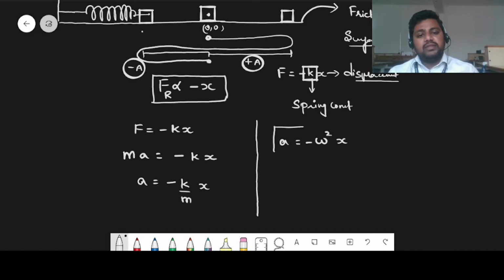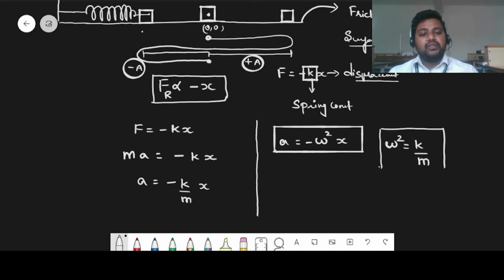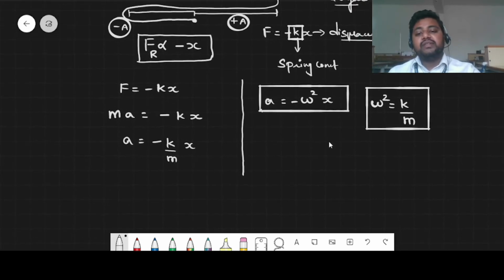This is the condition of SHM, where I am writing omega square as a constant, k by m. In place of k by m, I am substituting it as a constant. How did we get this? We are deriving it from this equation itself, going in the backward direction, so acceleration a can be written as minus omega square x.